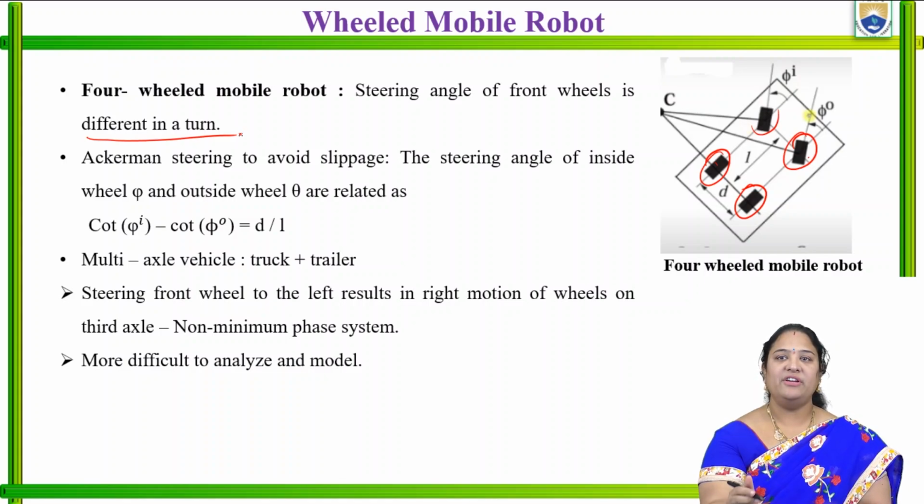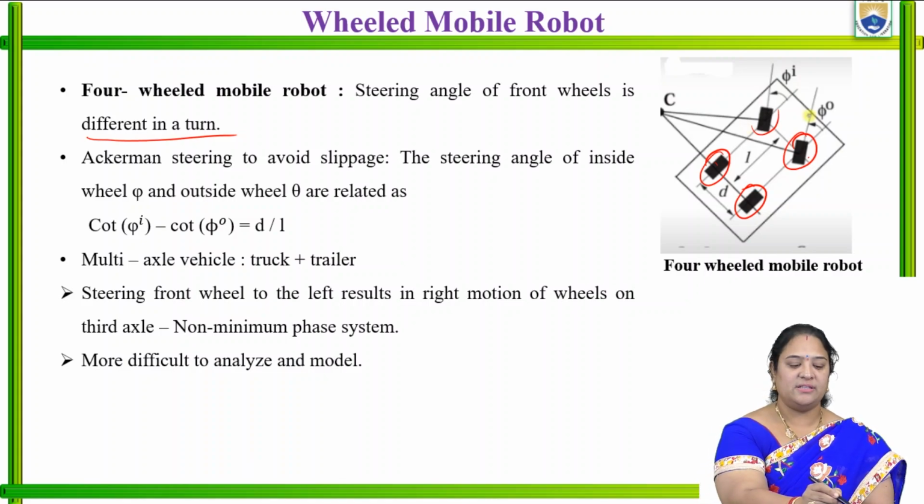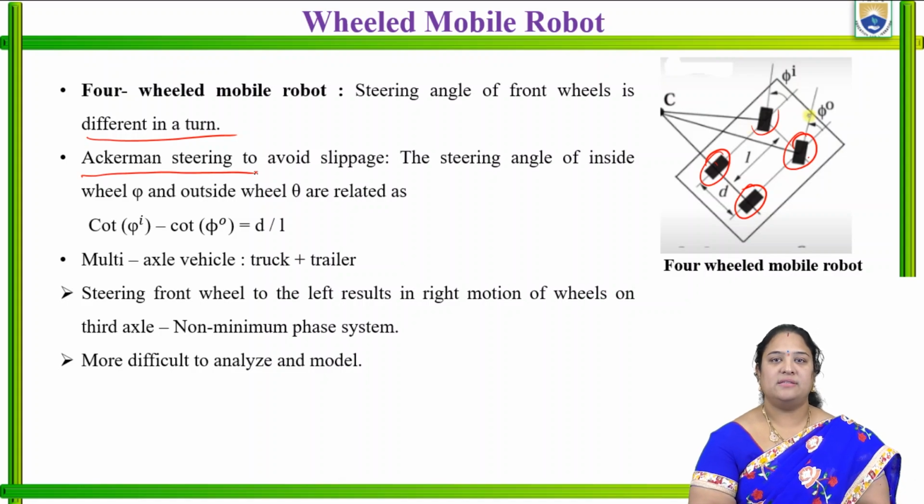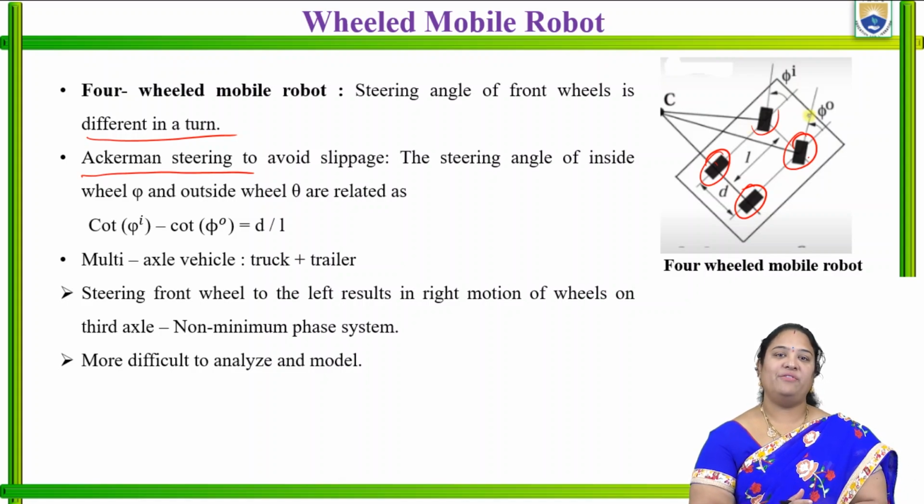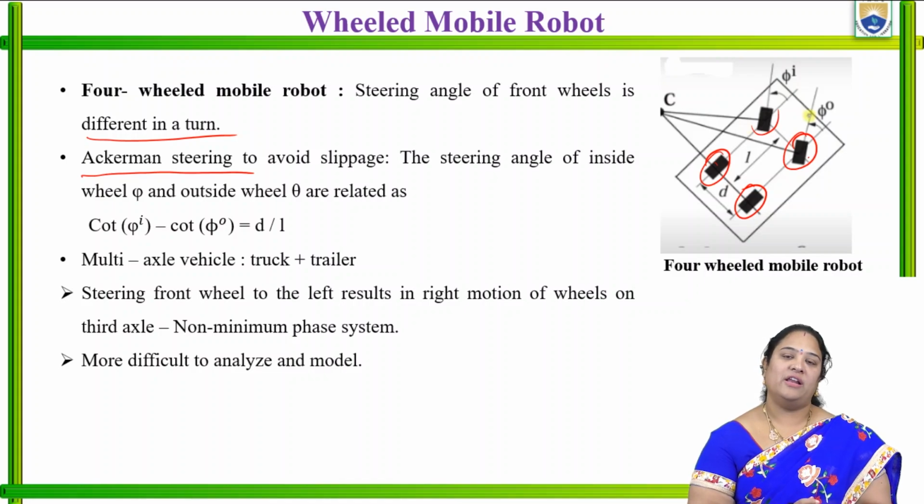Generally we call this particular type of steering system the Ackermann steering system, which is used to avoid slipping. When we compare a four-wheeler and a two-wheeler, the four-wheeler will have more grip on the ground compared to the two-wheeler. A two-wheeler can be easily slipped, whereas the four-wheeler cannot be easily slipped because of its constraint.